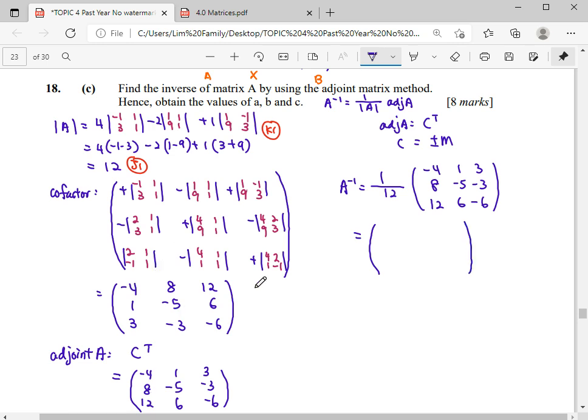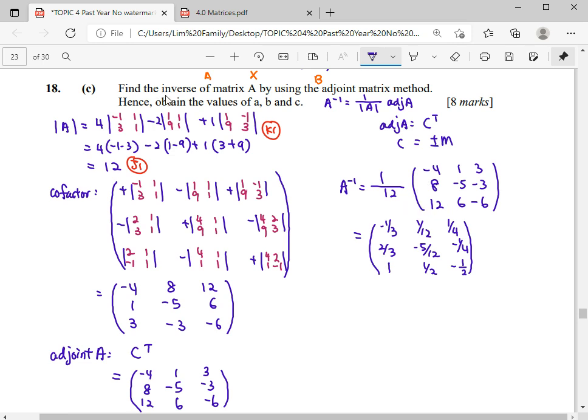Multiply our 1/12 inside to every element and simplify as fractions. Okay, so this is our first task, which is finding the inverse of A using the adjoint method.